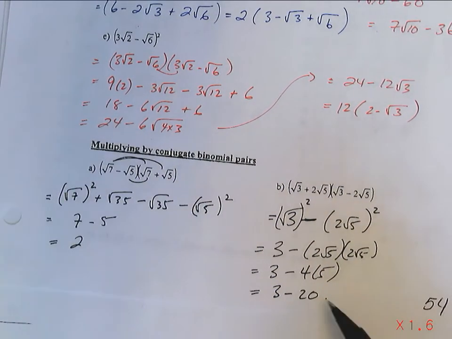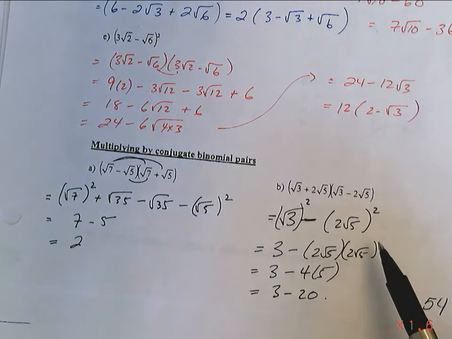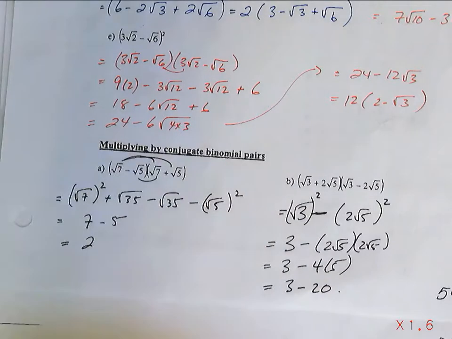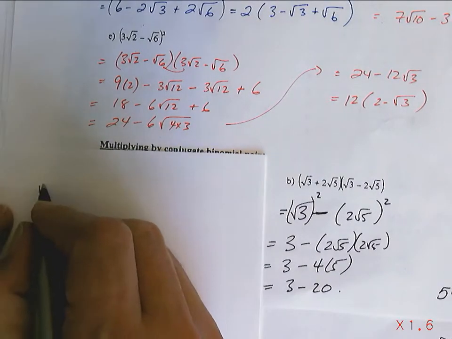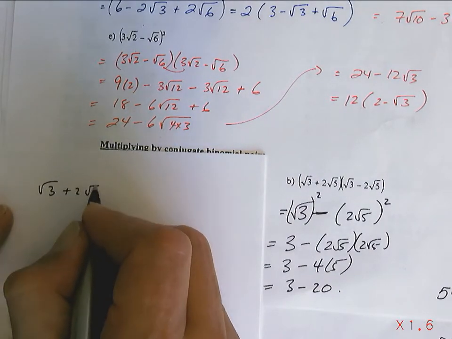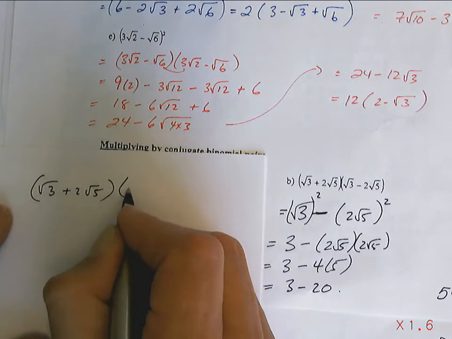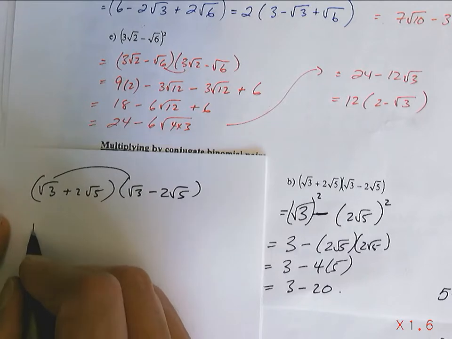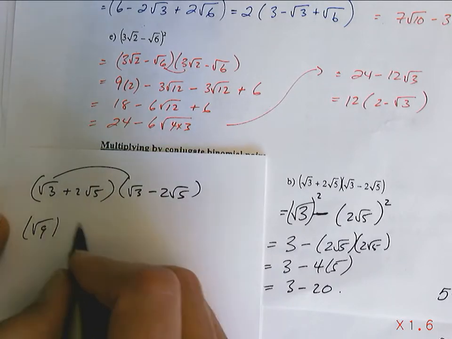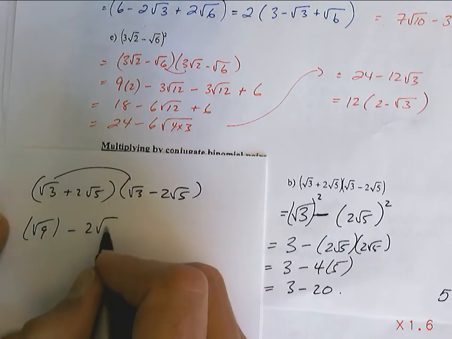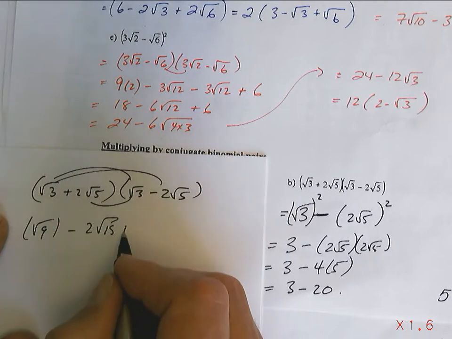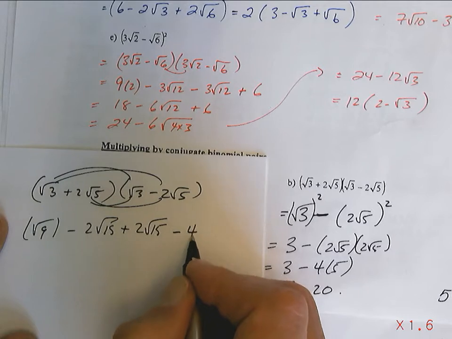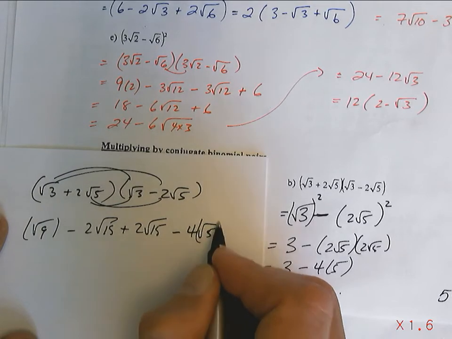Now this seemed very convoluted and hard to do and took up time. You might have said, I'd rather just do this. Thanks a lot, Mr. White, but I'm just as happy to do root 9 minus 2 root 15 plus 2 root 15 minus 4 root 5 squared.